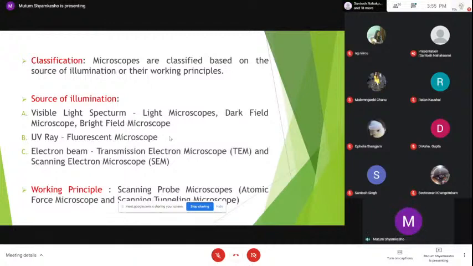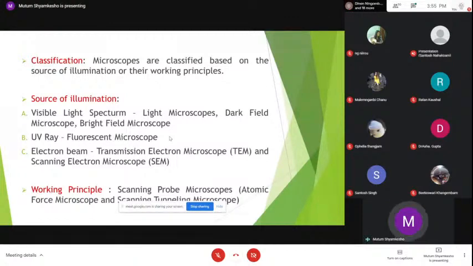When this probe tip of the metallic wire is brought to the surface of the object or specimen to a distance of a few angstroms, and an electric voltage is connected to either the probe or the specimen, then a small current is generated between the probe and the specimen.